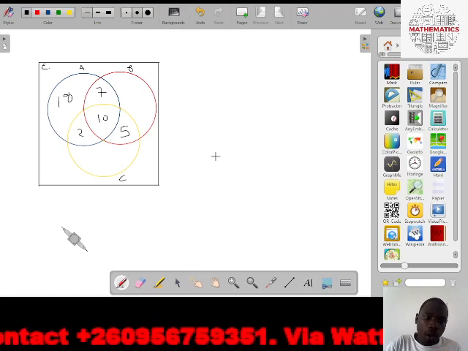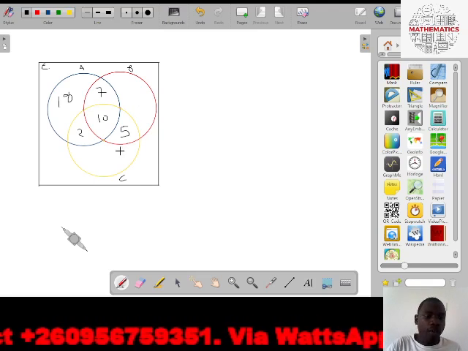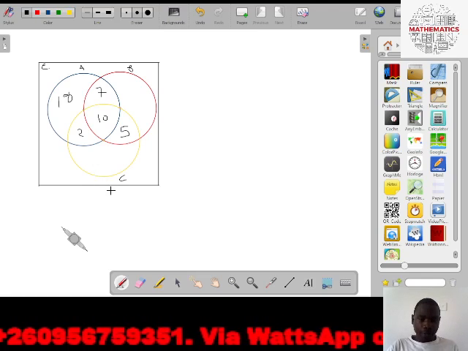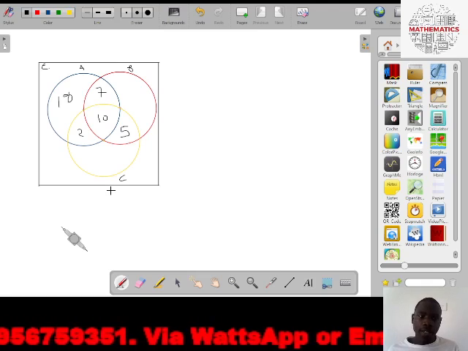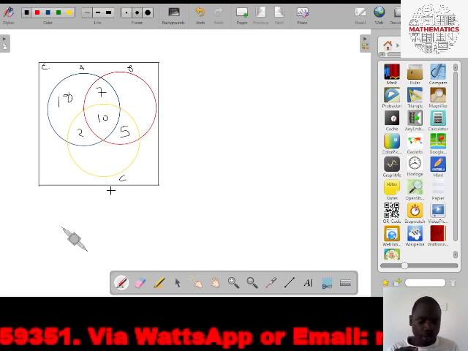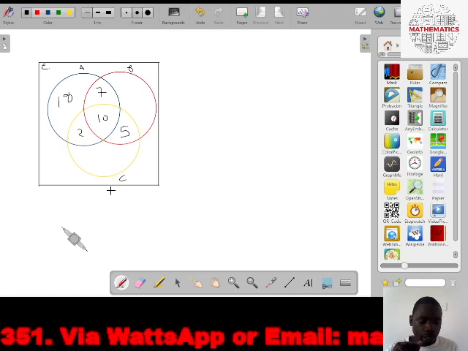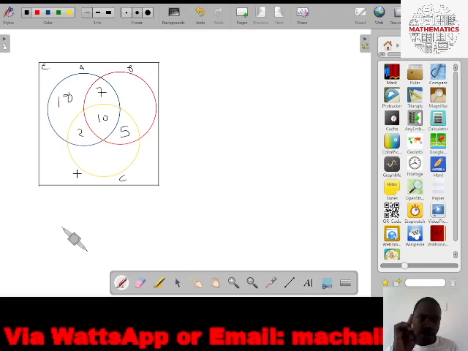But when you look at this, there is a part which is missing, which we haven't filled. To fill that, we are going to go back to the statement which says 37 support A. When you add 18 plus 2 plus 7 plus 10, it gives you 37.